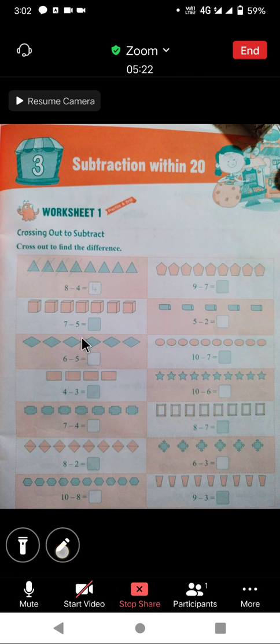Okay, so first one is we have 8 triangles and we have to cut 4 triangles out of 8. Okay, 1 2 3 4 5 6 7 8. So 8 triangles we have and we have to subtract 4. To subtract we will cross out.